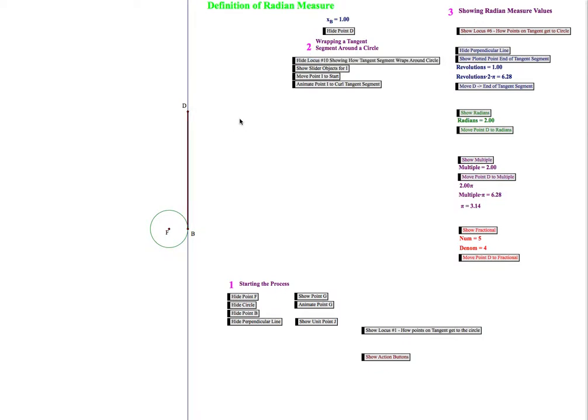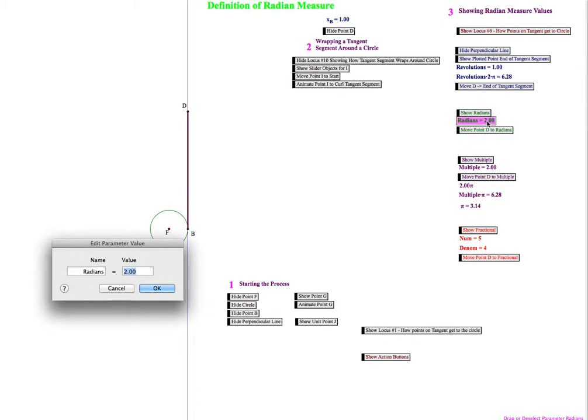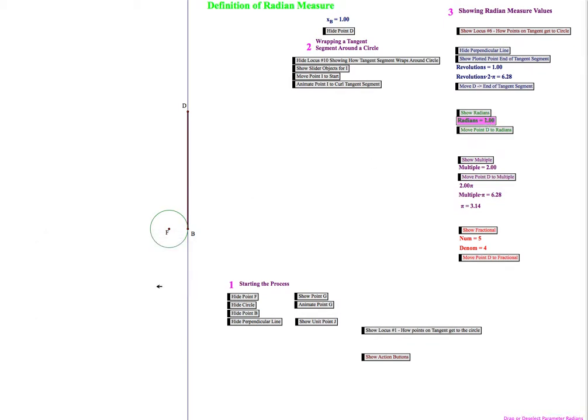What we're going to do is create a line segment that is 1 radius long. It looks like on the right hand side that I'm clicking radians, but that's going to turn out to be the same. So I'm going to make that segment 1 radius long.